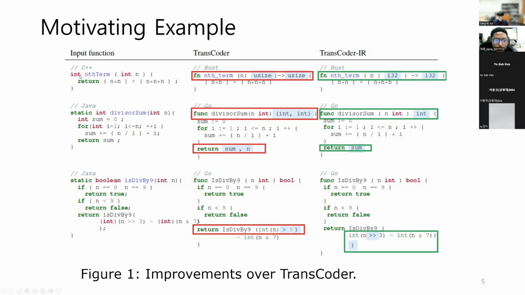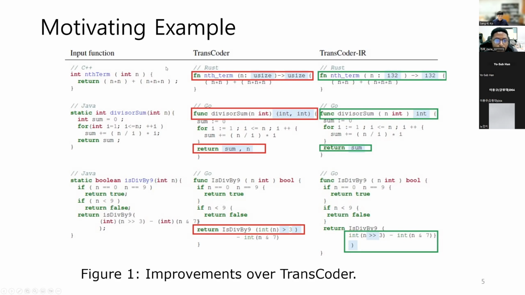If we see this example, the first line is translating from C++ to the Rust programming language. Here, there is a misunderstanding or mismatch of the semantics of the input program with the translated one. Here we can see the int data type is translated to usize, totally different data types. usize doesn't have any limitation like the integers 32, 64.